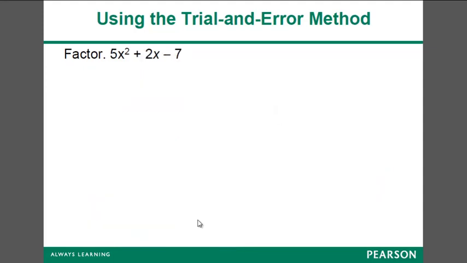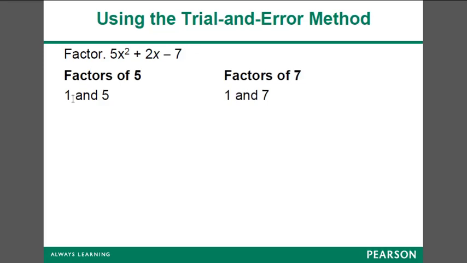Let's try a couple. If I have 5x squared plus 2x minus 7, I must find the factors of my leading coefficient, 5, and the possible factors of my constant, which is 7. So my factors of my leading coefficient are just 1 and 5. My factors of my constant are 1 and 7.